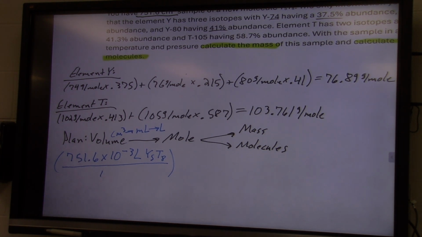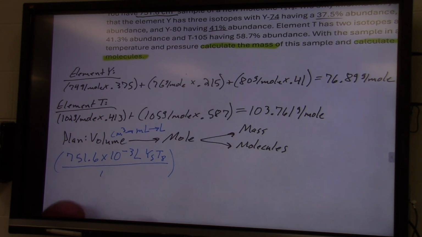I get 103.761. My calculator's just done. You mixed the fives and the zeros. I was freaking out, but I was like, something's not right. It's all good. Thank you for asking, though.